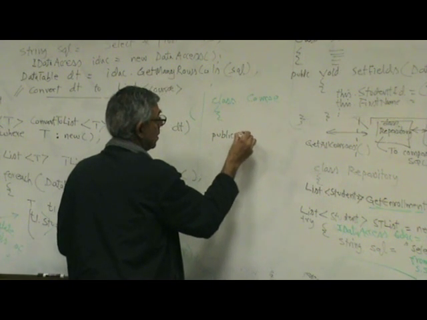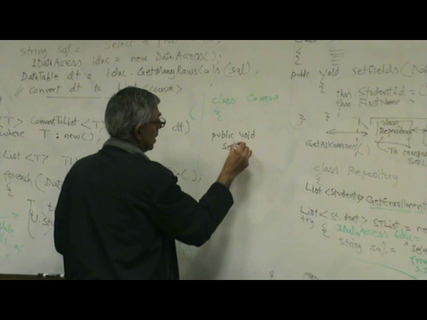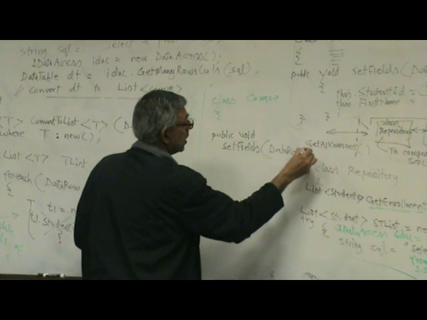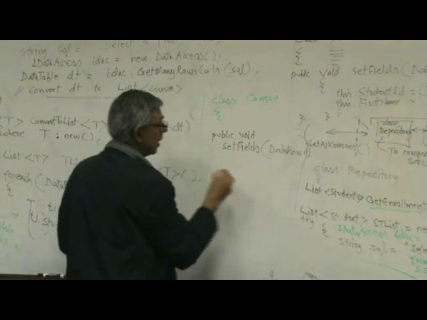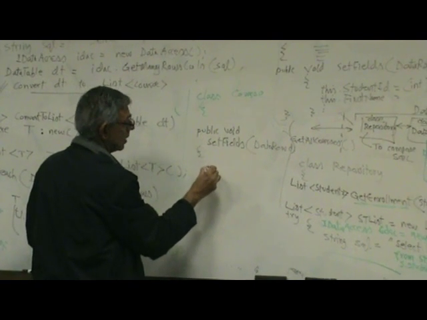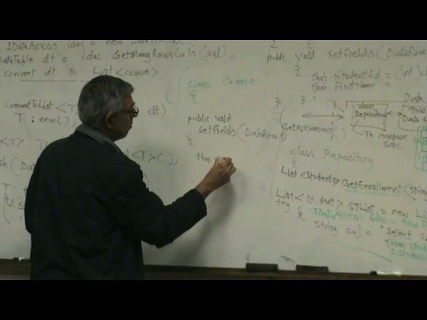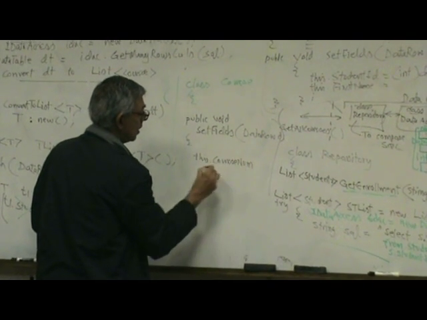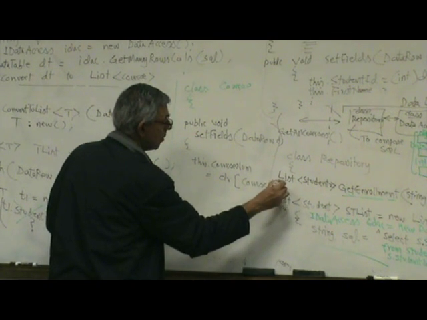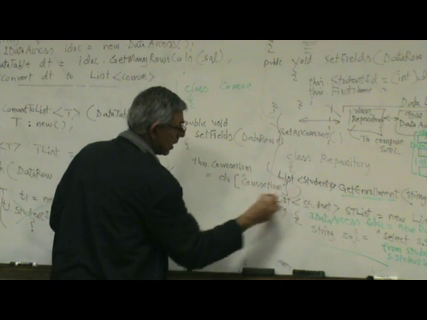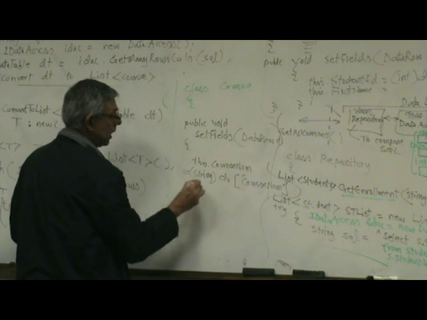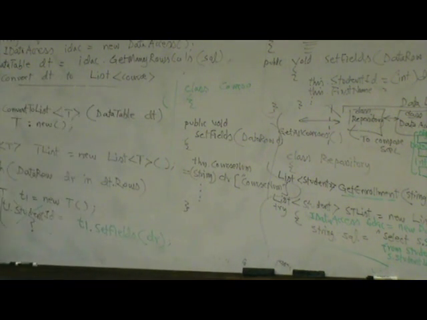So public void setFields, DataRow dr, and again this.courseNum, let's say, equal to dr of course num, and if it is a string, you will typecast it to a string, right, and so on.